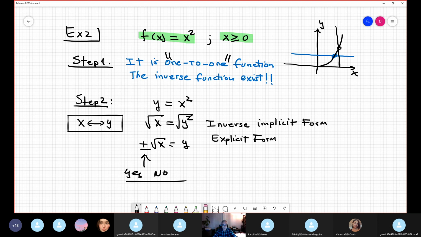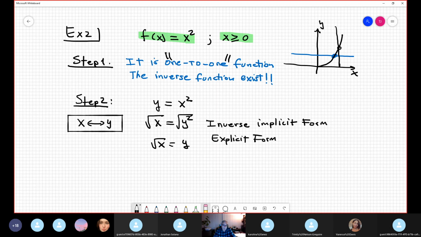When you apply the square root to both sides in solving an equation, I always put plus or minus. However, in this example, no plus or minus, because remember, we have that restriction that includes only the positive values, guys. So only plus by default.